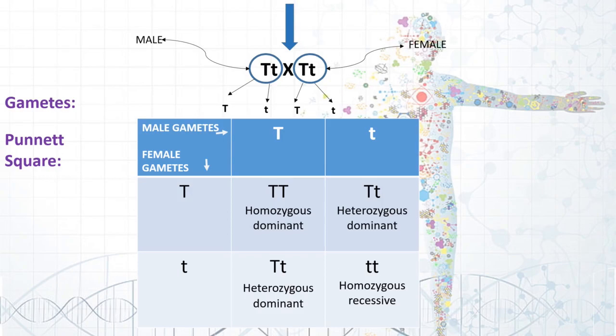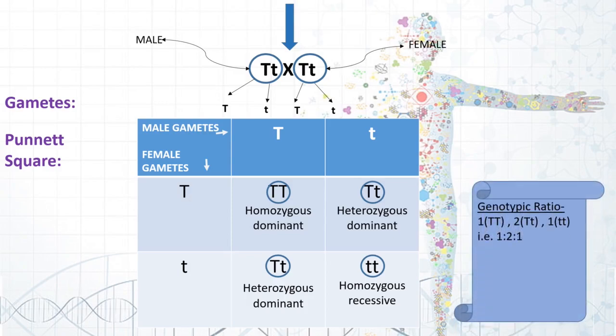The genotypes of the offspring thus produced were both capital T's, that is homozygous dominant; one capital and one lowercase t, that is heterozygous dominant; and both lowercase t, which is homozygous recessive. Therefore, the genotypic ratio in a monohybrid cross is 1:2:1.